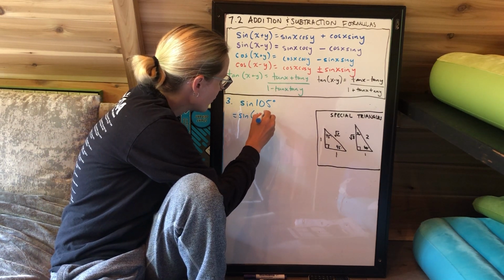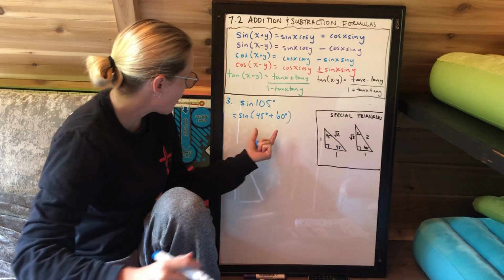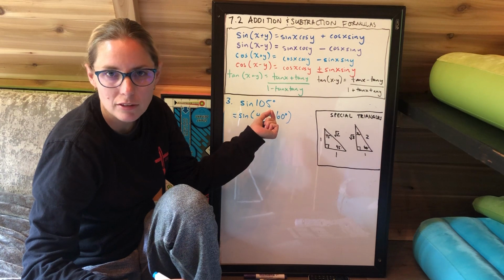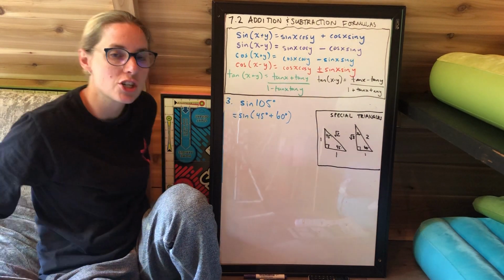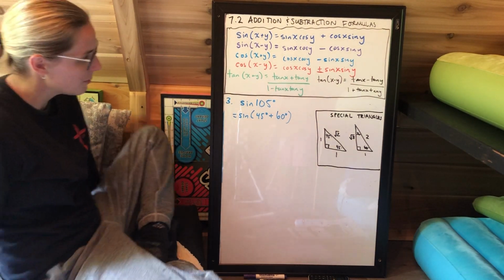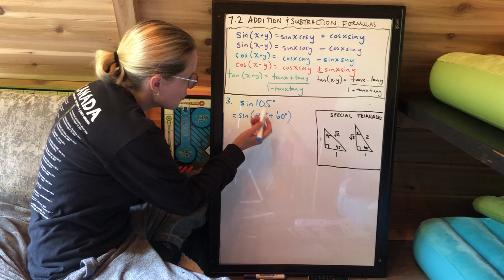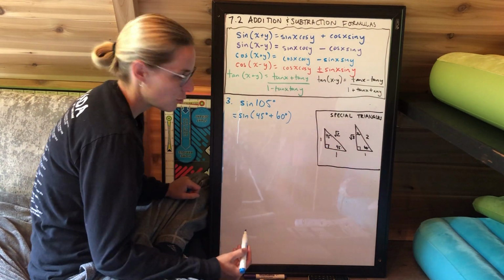If I use 45 degrees and I use 60 degrees, then that adds up to 105. So basically, I'm breaking a single trig ratio into the addition of two other ones. Okay, which looks a little bit complicated, but really isn't. You just have to break down the angle into two that come from the special triangles.